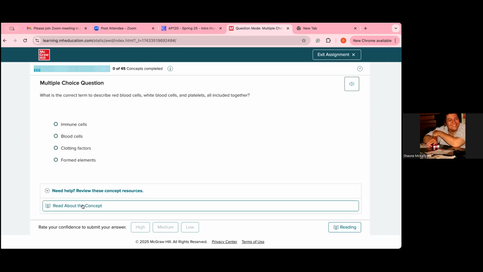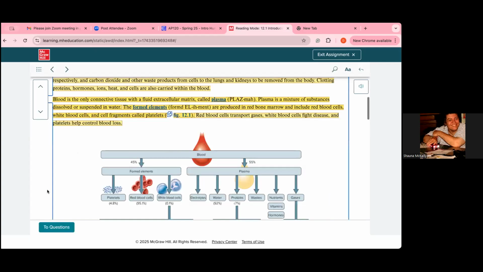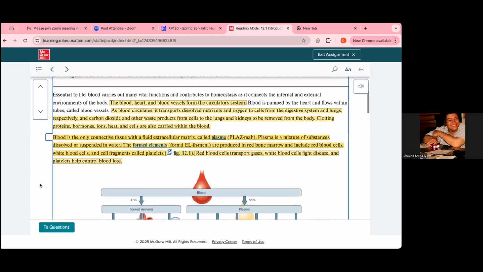Yeah, the formed elements are produced in red bone marrow. So remember, blood is the only connective tissue with a fluid extracellular matrix called plasma.